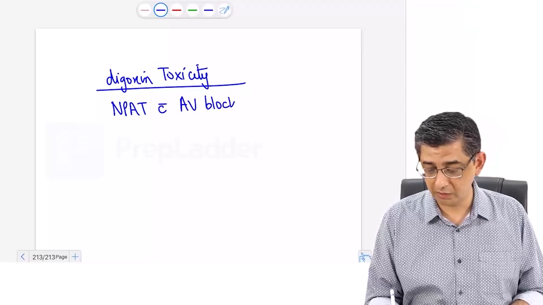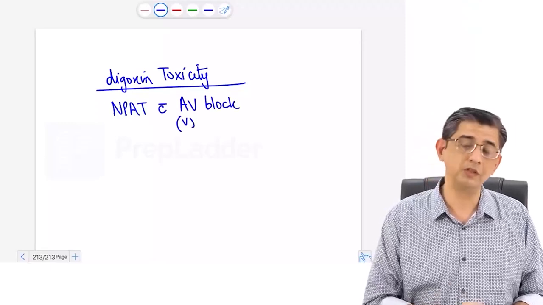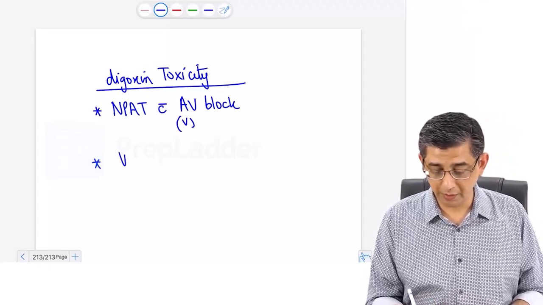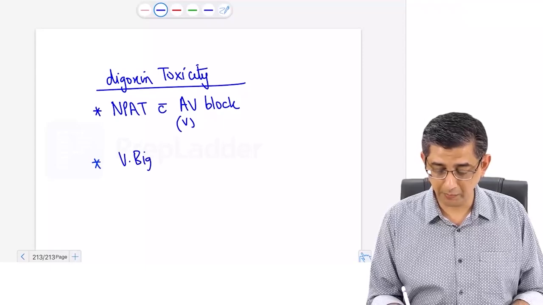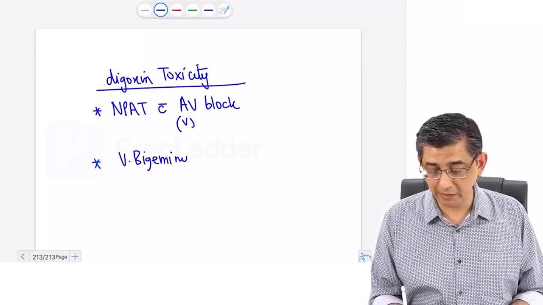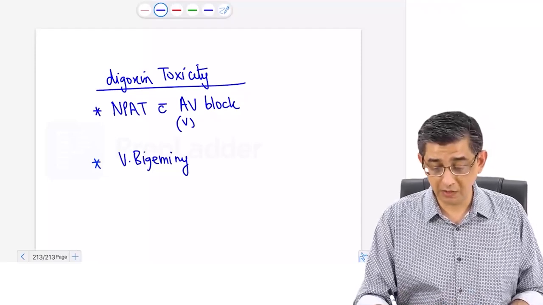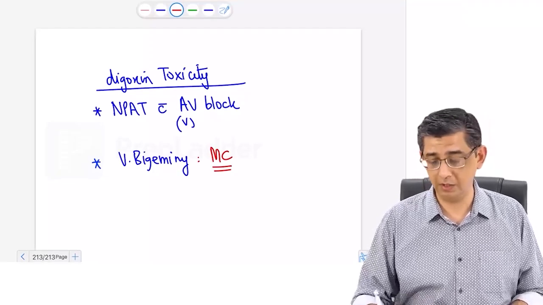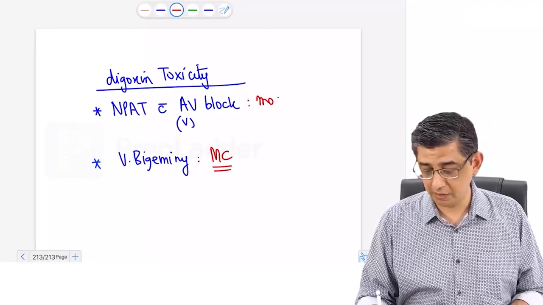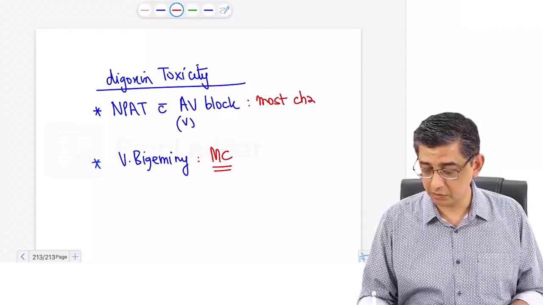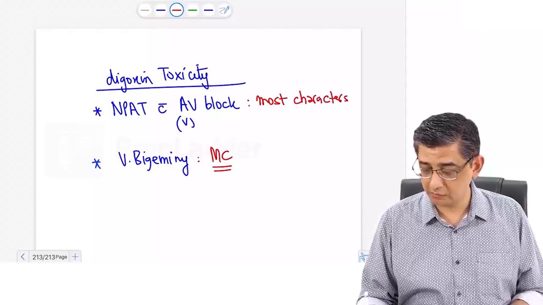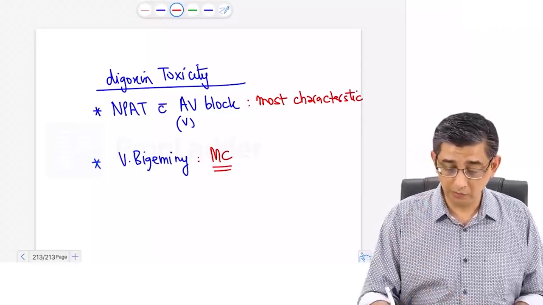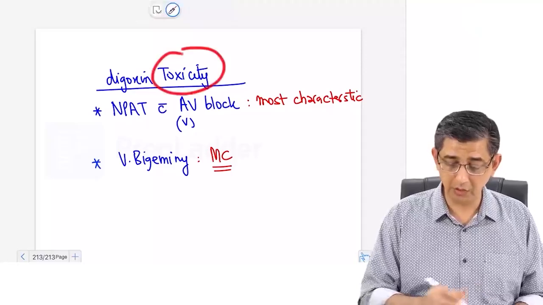I repeat once again, it would be a non-paroxysmal atrial tachycardia with a variable AV block, and second you will always read is VB, that is ventricular bigeminy, which can deteriorate into ventricular tachycardia. If he says in the MCQ which of the two arrhythmias is more common, the answer is ventricular bigeminy. If he says which of the following arrhythmias is most characteristic of digoxin toxicity, then your answer would be non-paroxysmal atrial tachycardia with the AV block. Both of these aspects are valid for the toxicity component.